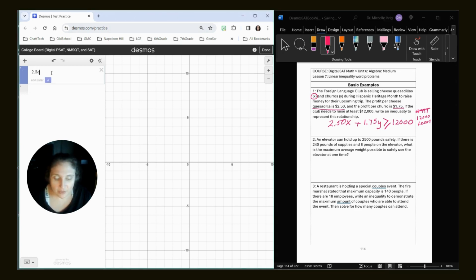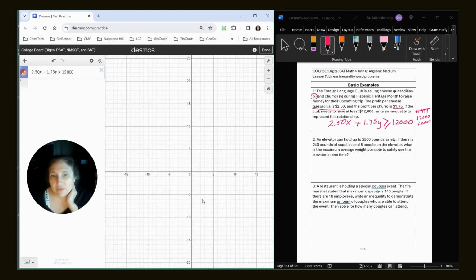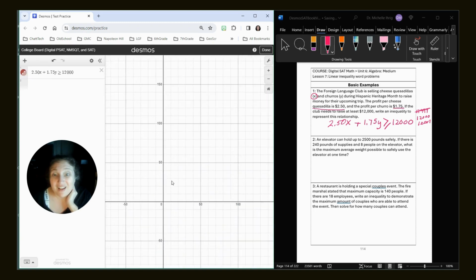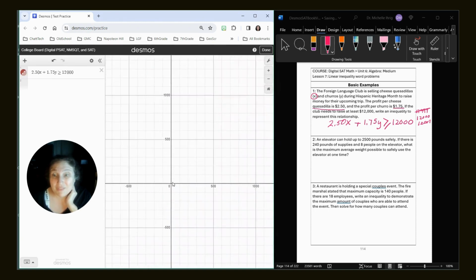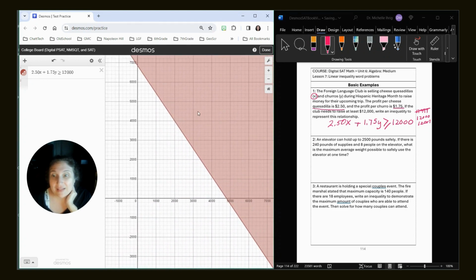Actually, I will graph it just to explain inequalities to you. If we graph it here, they can sell literally an infinite amount of things. Here's our line. Anything in the red section works.